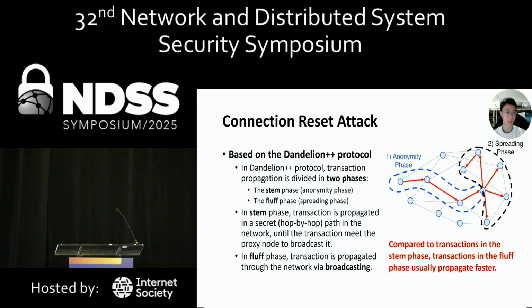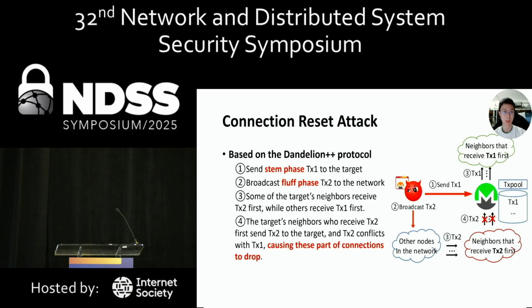In the stem phase, the transaction originates from the source node and is propagated in a hop-by-hop manner across the network, following a random secret path until it finds a proxy node to broadcast the transaction. After that, the transaction turns into the fluff phase, and the proxy node broadcasts the transaction, and the subsequent nodes that receive the transaction will also broadcast it. So compared to transactions in the stem phase, transactions in the fluff phase generally have faster propagation speed.